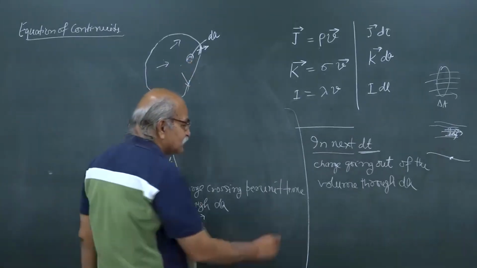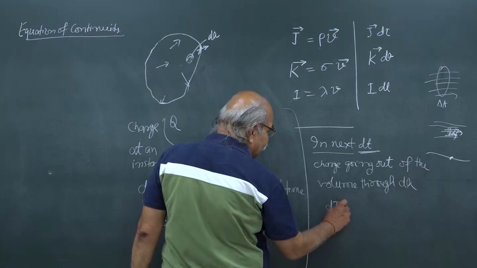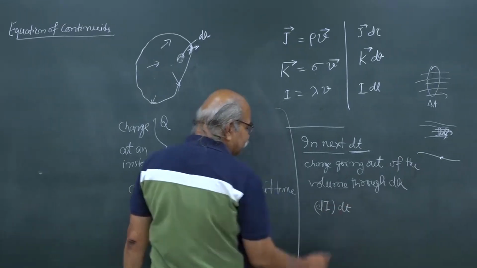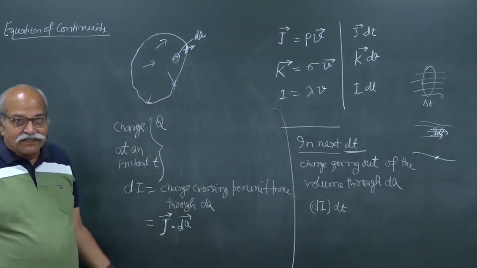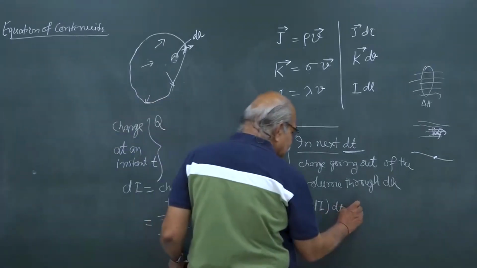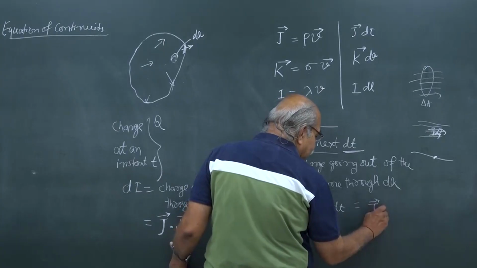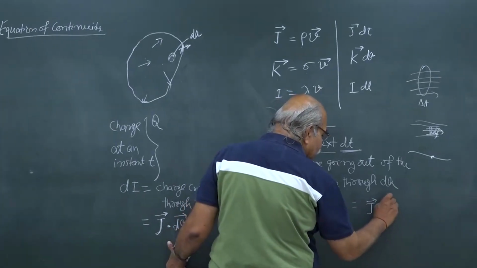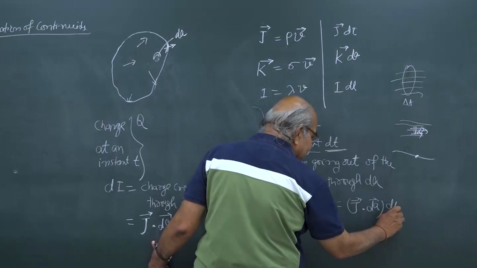How much is that? That will be the current multiplied by the time interval, that is how we define the current, and that will be J dot dA into dt.